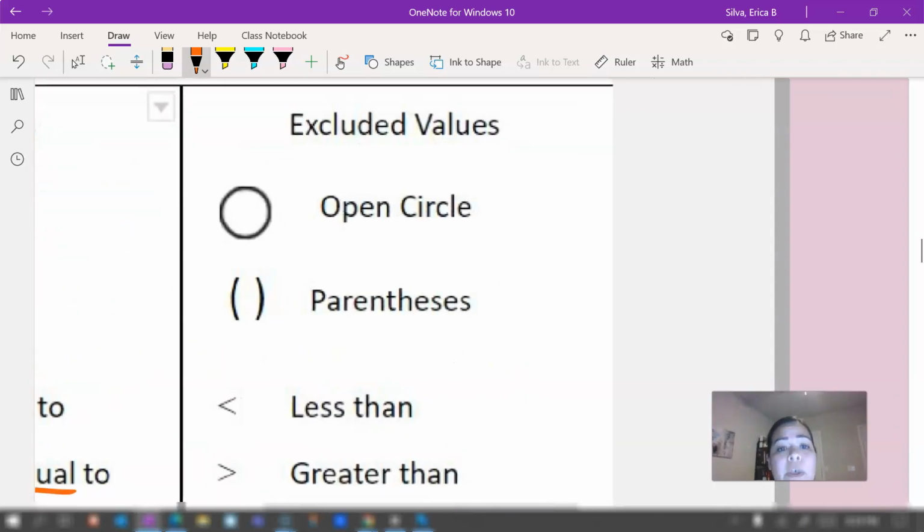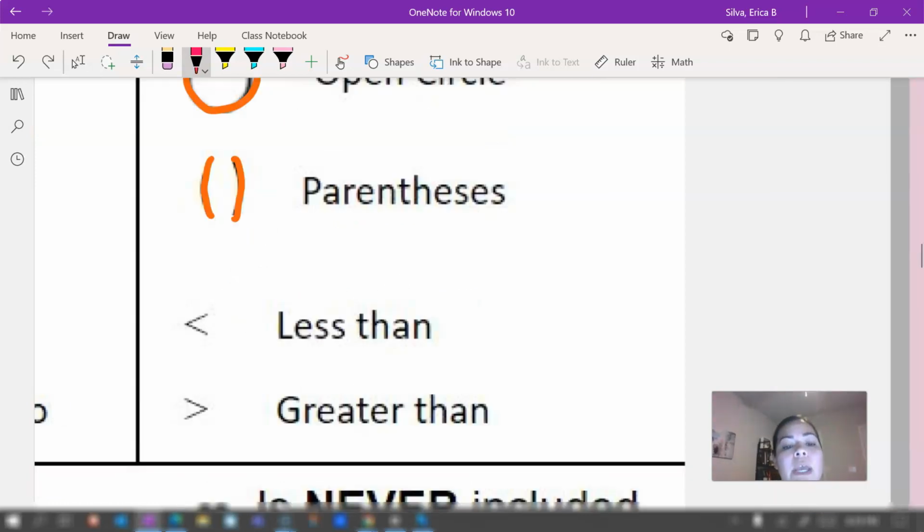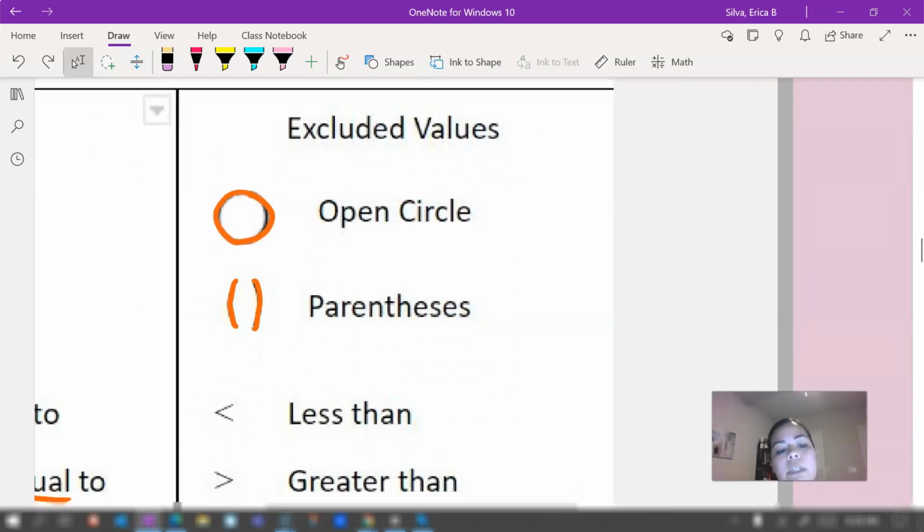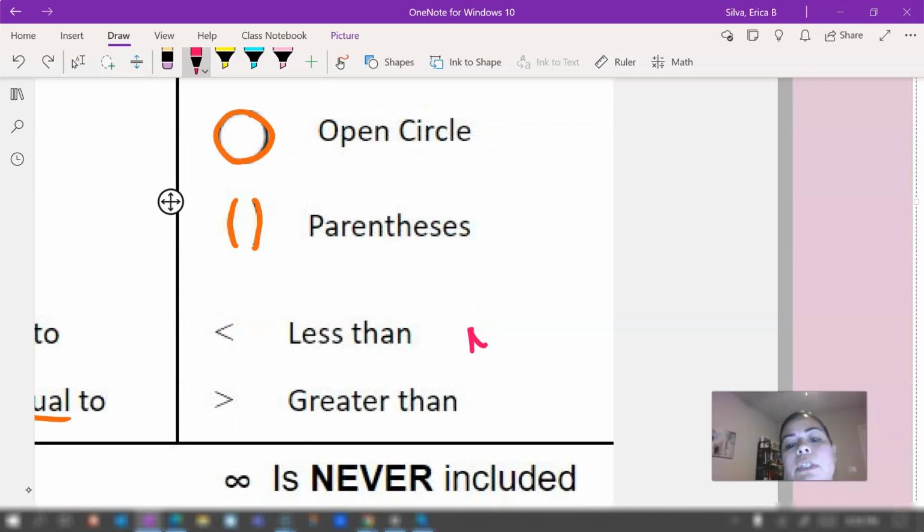Our excluded values are the values that our graph will get super close to, but it'll never end up being that number. So we need to distinguish what that is, and we use parentheses. And notice how our inequalities do not have that equal sign because they're excluded. They're not equal to.